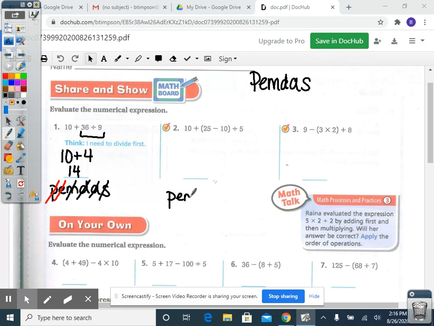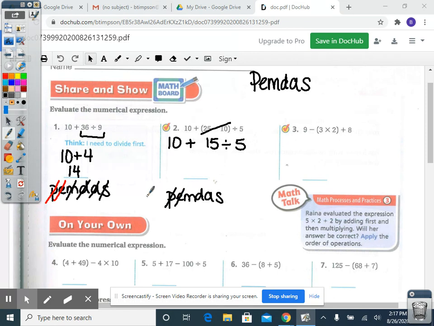Number 2, we do have parentheses in this problem, so we need to solve what is inside of the parentheses first. So 25 minus 10, that is 15. I'm going to bring everything else down. Okay, so the P in PEMDAS is taken care of. There is not any exponents in this problem.